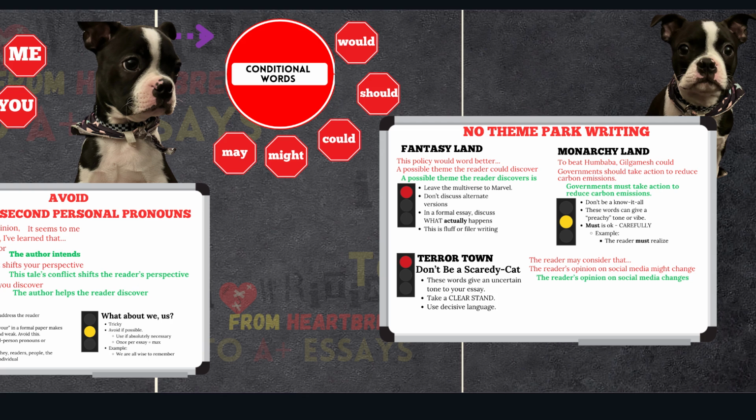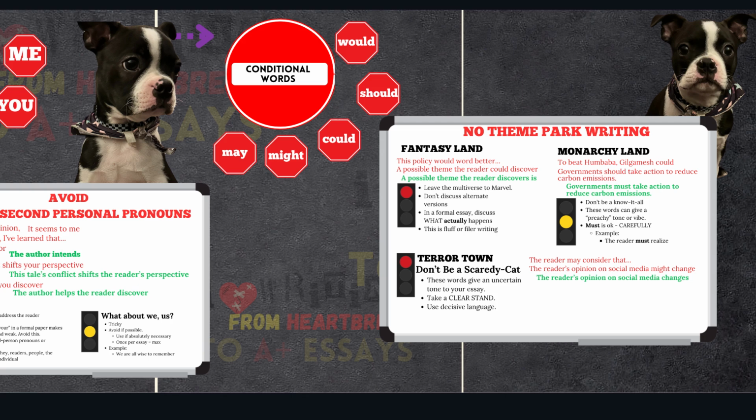The next land in conditional world is Monarchy Land. You want to avoid being a know-it-all in your writing, so words like should or could. "Government should take action." No, "governments must take action to reduce carbon emissions."